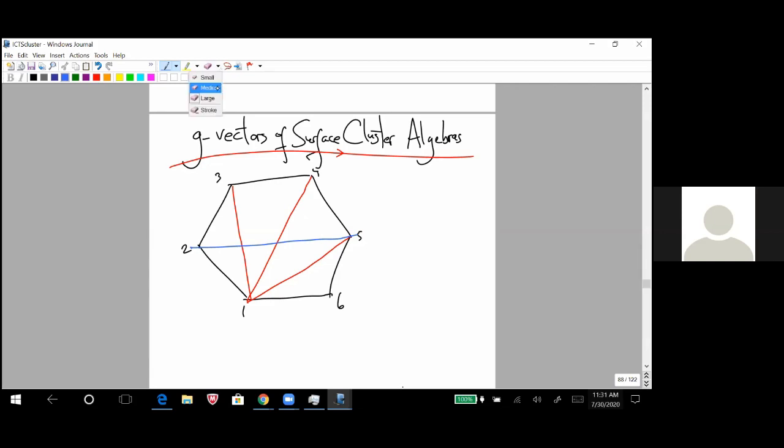All right, and so here's the rule. It's extremely simple, and I'll illustrate it in this example, but then we'll talk about slightly more interesting examples in a second. So let's say I want the g vector for 2, 5. What I'm going to do is draw that arc 2, 5, except instead of drawing an arc, I'm going to do what's called a lamination.